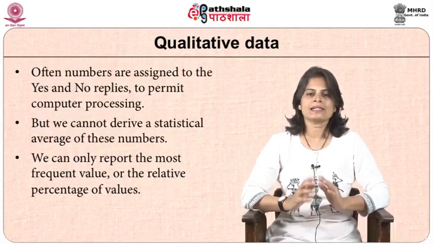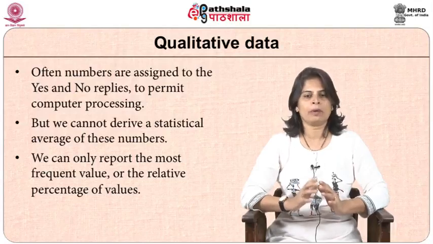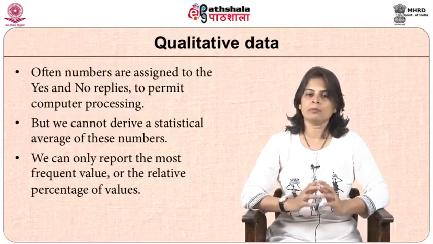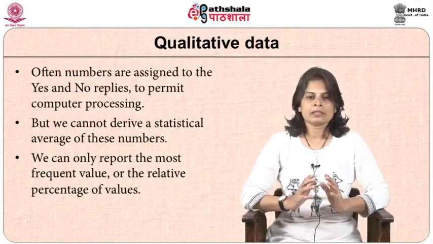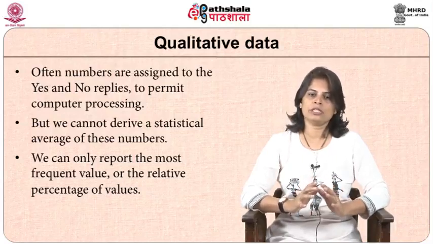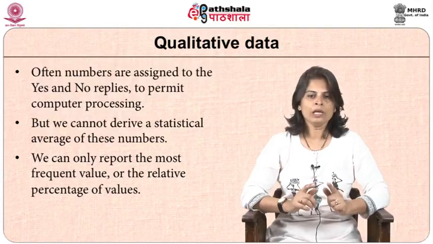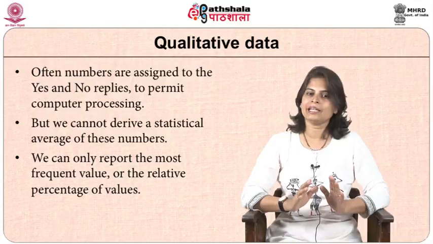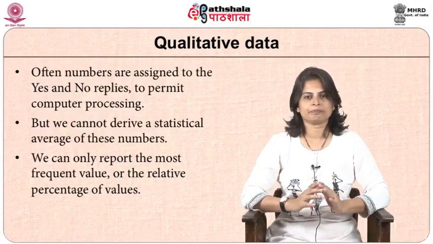Often, numbers are assigned to the yes and the no replies to permit computer processing. But remember, we cannot derive a statistical average of these numbers. We can only report the most frequent value or the relative percentage of values.